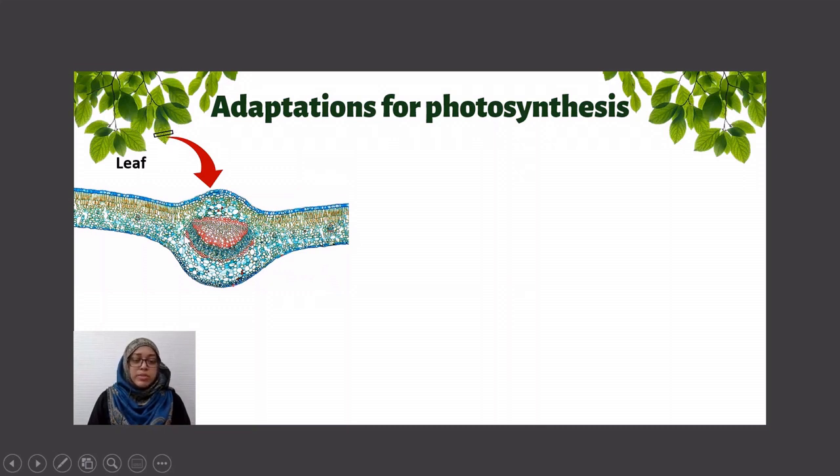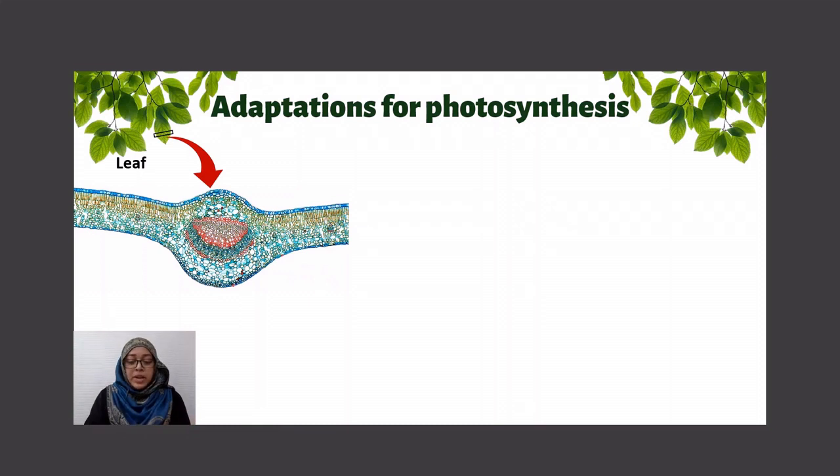So those veins will be made up of different vessels, such as the xylem vessels and the phloem vessels, right? And that network of veins, in addition to providing the water that is needed for photosynthesis, also ensures that the lignified xylem vessels hold the leaf flat so that the light can strike them too.